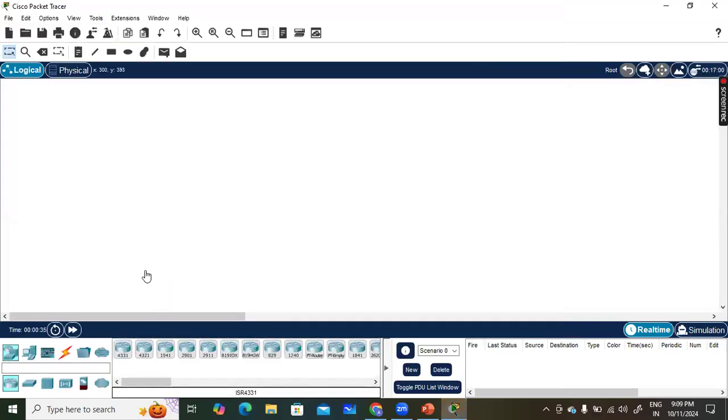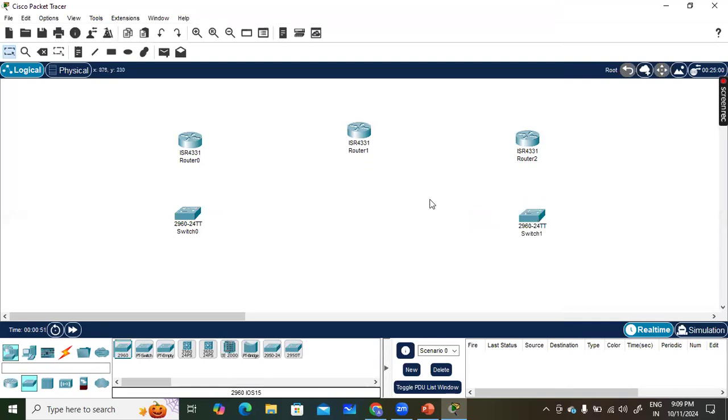Okay, let's take three routers: router 1, router 2, and router 3. And two switches as well, and we are going to use laptops as our end hosts.